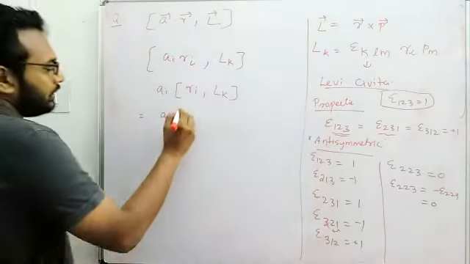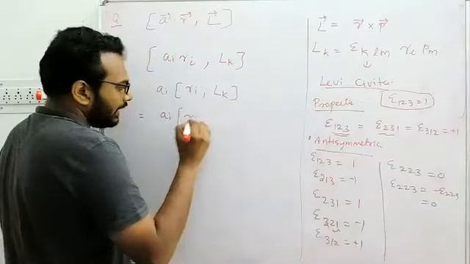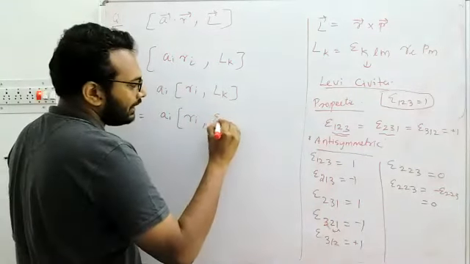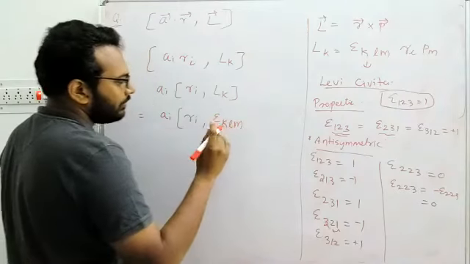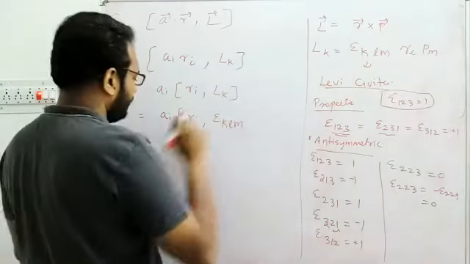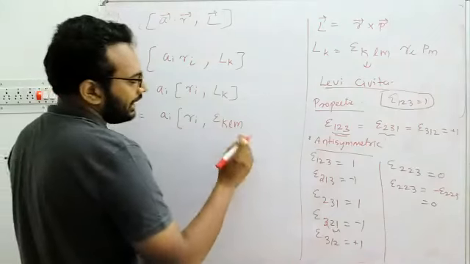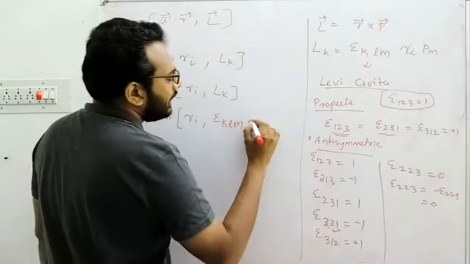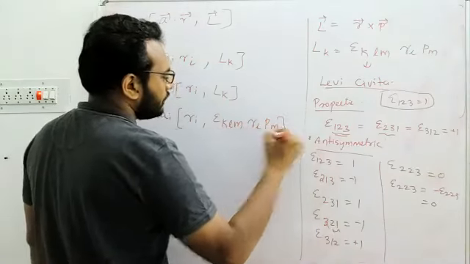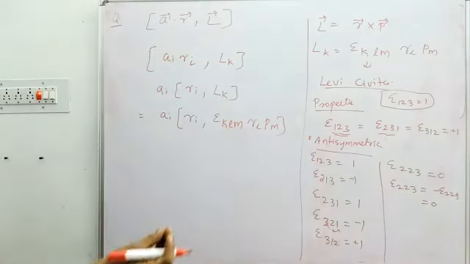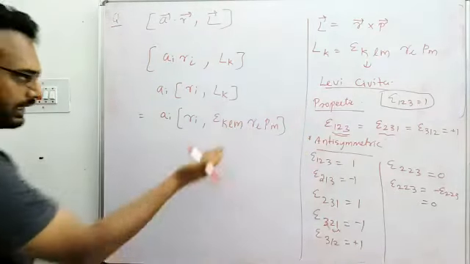This is equal to epsilon_{Ki} with R_i, and L_k is epsilon_{Klm} R_l p_m. I'm not using j because I'll just use l and m as dummy indices. This epsilon is a constant, it's 1, 0, or -1, so you can pull it out.